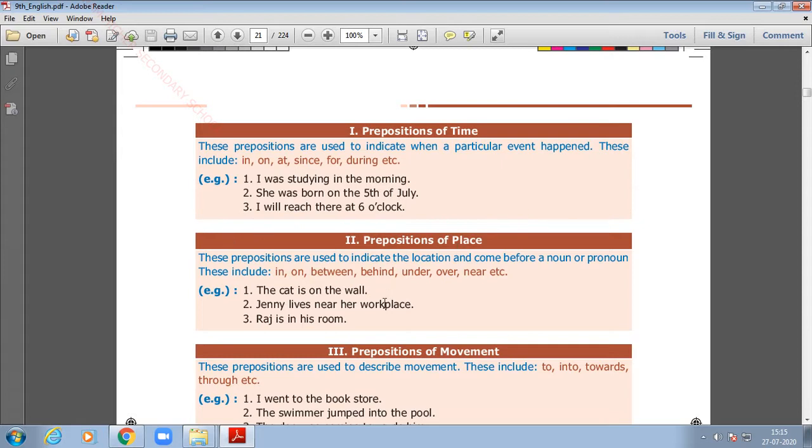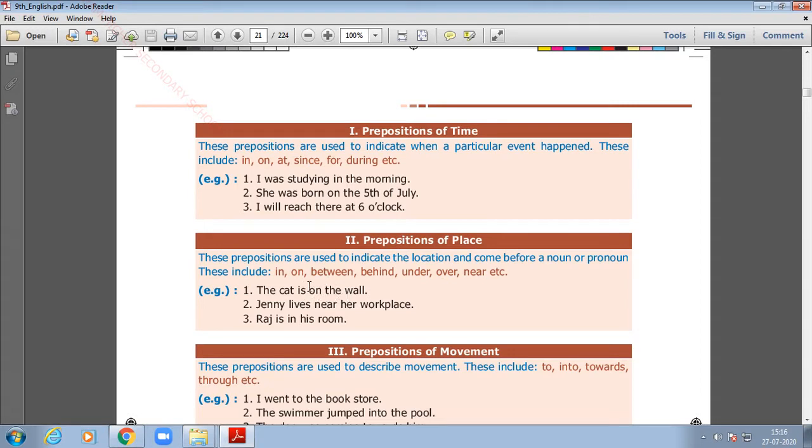Now this indicates a place here. The cat is on the wall. I told you, the preposition is a word placed before a noun. The cat is a noun, the wall is also a noun, and you have the preposition placed before the wall there.